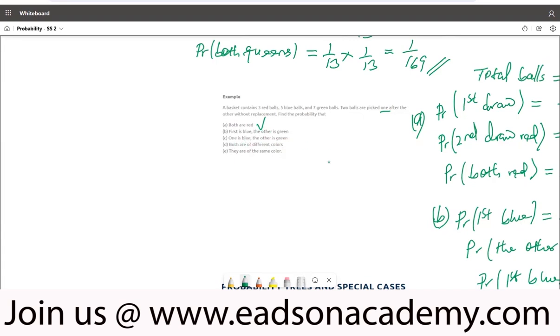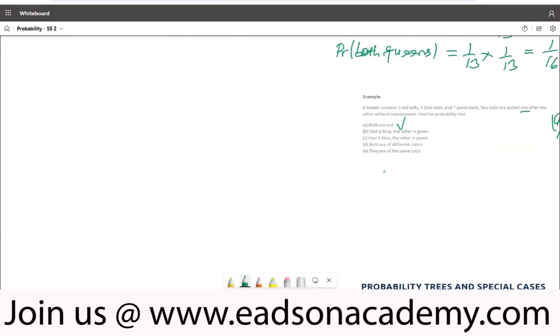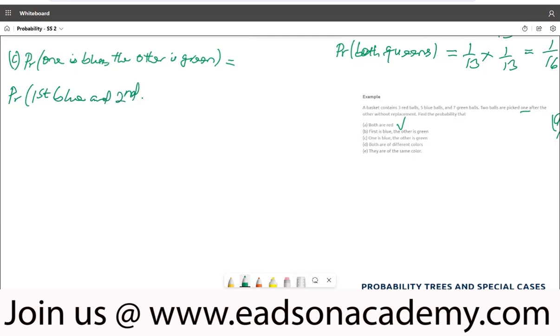So in that case, the probability that one is blue, the other is green, question C, let's do it here. Probability that one is blue, the other is green is equal to the probability that first is blue and second is green, or the probability that first is green and second is blue.